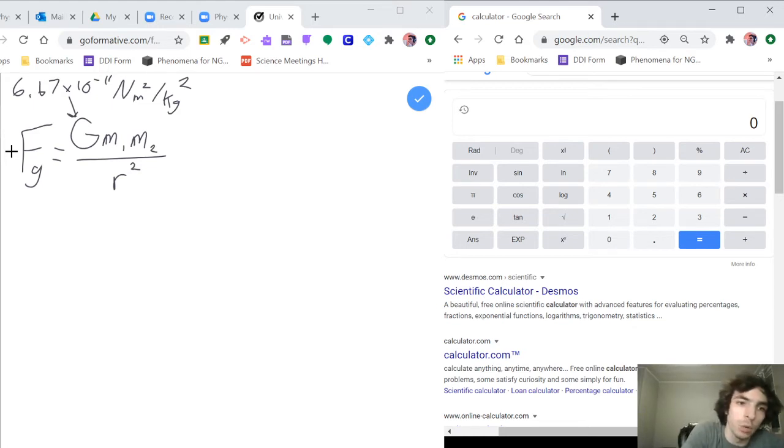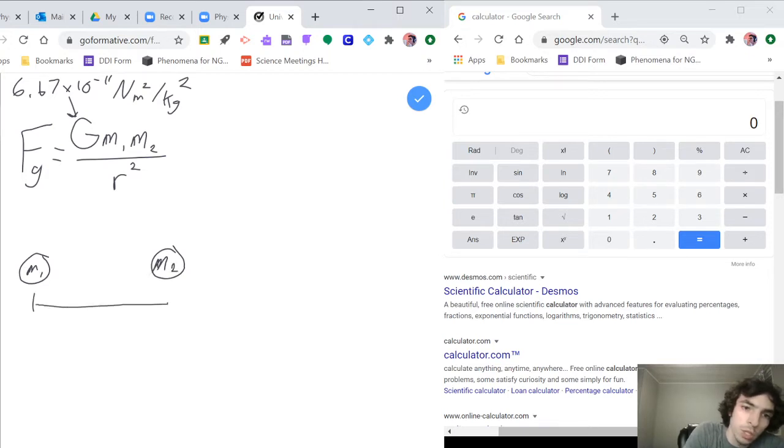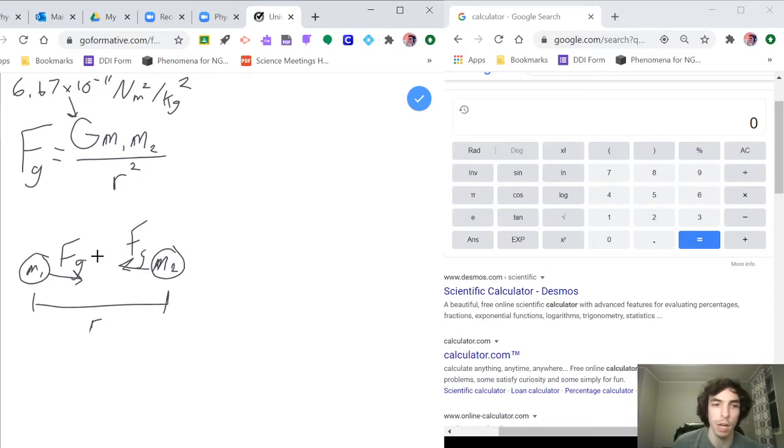But in here, we're really going to focus on using that equation to calculate a force of gravity that two different masses, m1 and m2, which are separated by some distance r, exert on each other, which we're still going to be labeling Fg like we have on free body diagrams in the past.